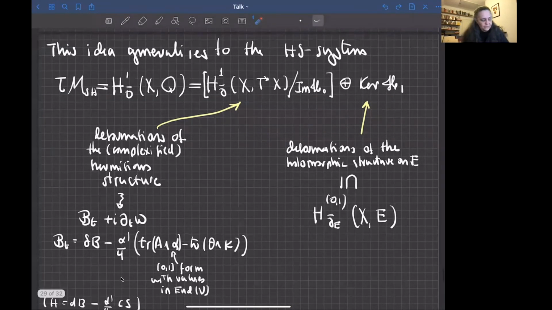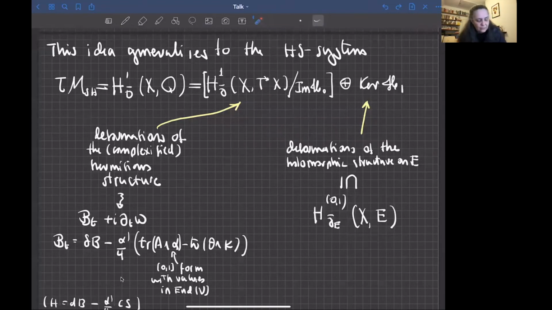So what you find is, let me ignore this technicality for a moment. Actually, let me ignore it today. It's basically given by the first cohomology of the bar operator with values in the cotangent bundle, right?